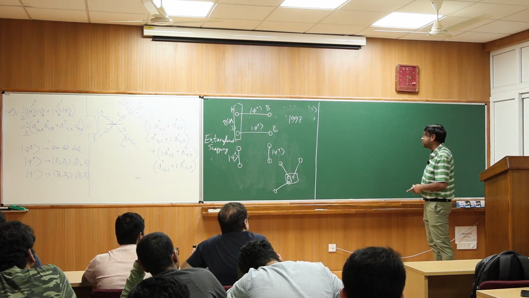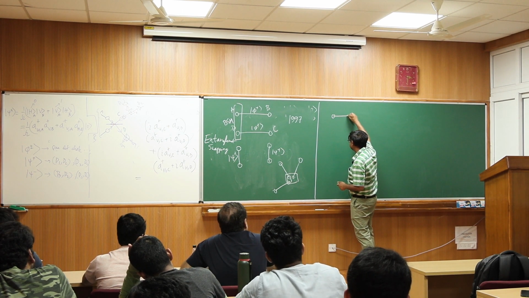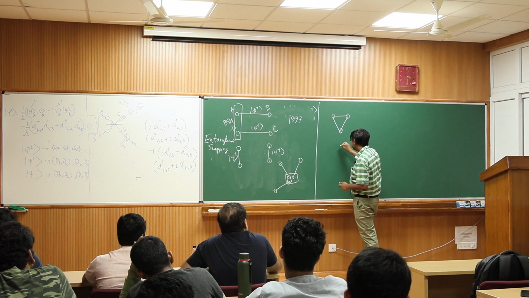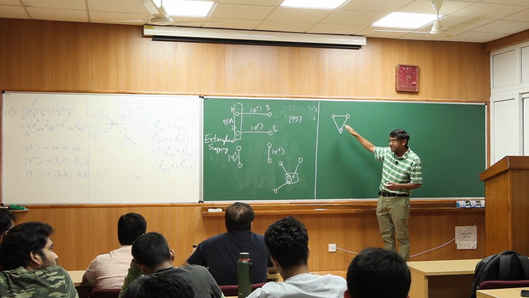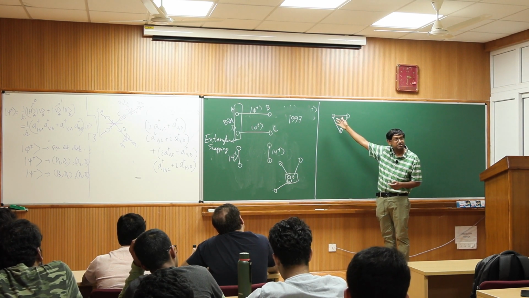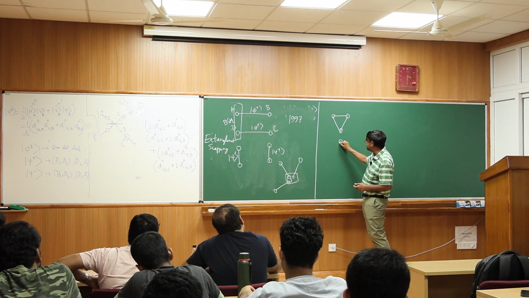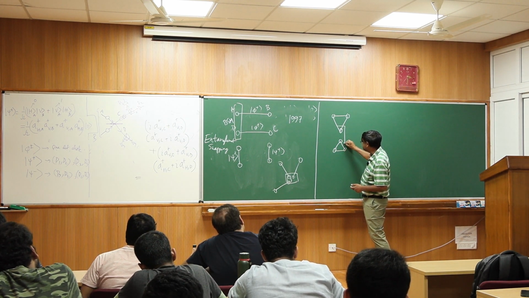So what we did was, again, a fun game. It's called multi-particle entanglement swapping. You remember the GHZ state I showed, 000 plus 111. Say you take two GHZ states, and you can do the same thing.